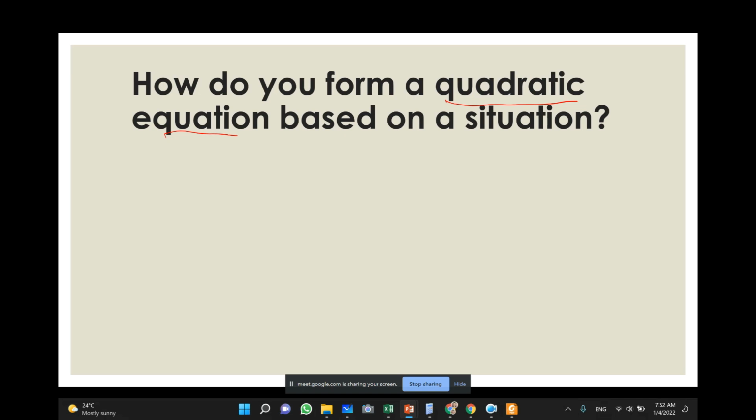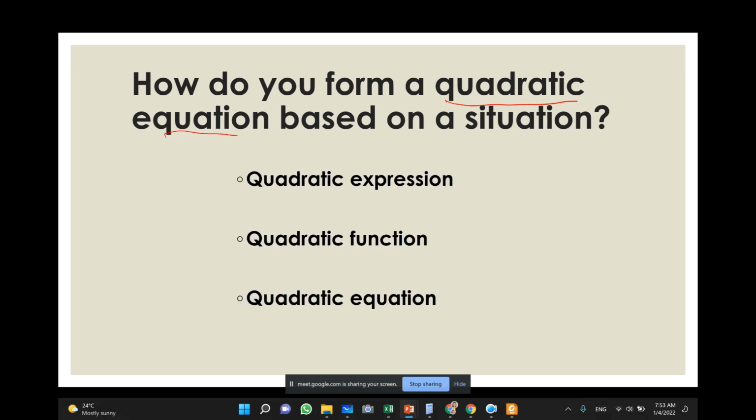In the previous lesson, I have asked you to differentiate in between quadratic function and also quadratic expression. You remember? Function and expression. So I hope you still remember what is the difference in between these two. If you don't remember, you look at what I'm going to show you here.